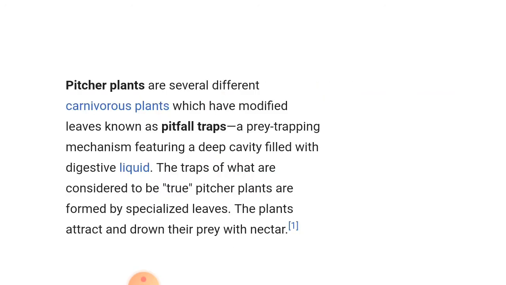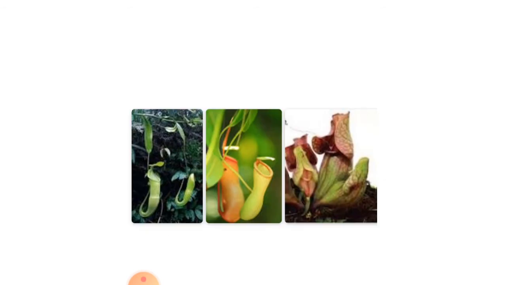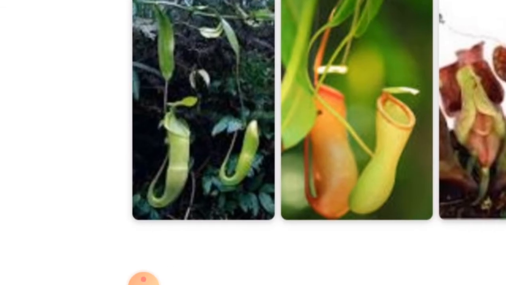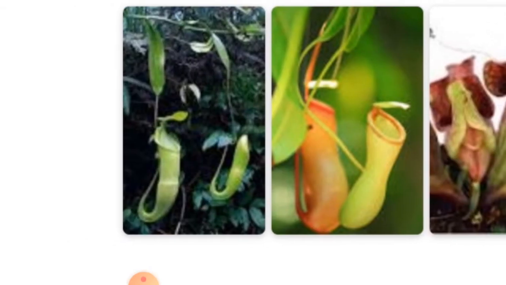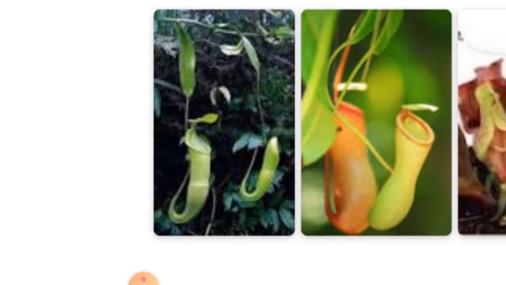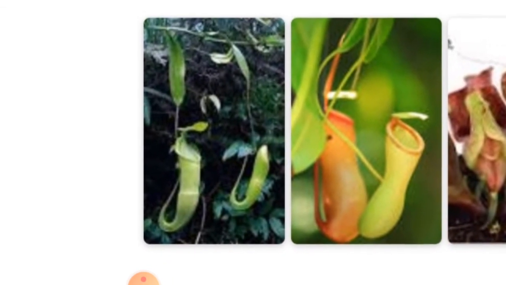There is another type: pitcher plants. Several carnivorous plants have modified leaves known as pitfall traps, a prey-trapping mechanism featuring a deep cavity filled with digestive liquid. The traps are formed by specialized leaves. The plants attract and trap their prey with nectar. Such an arrangement of traps takes insects and digests them with digestive enzymes, and these plants are known as pitcher plants.